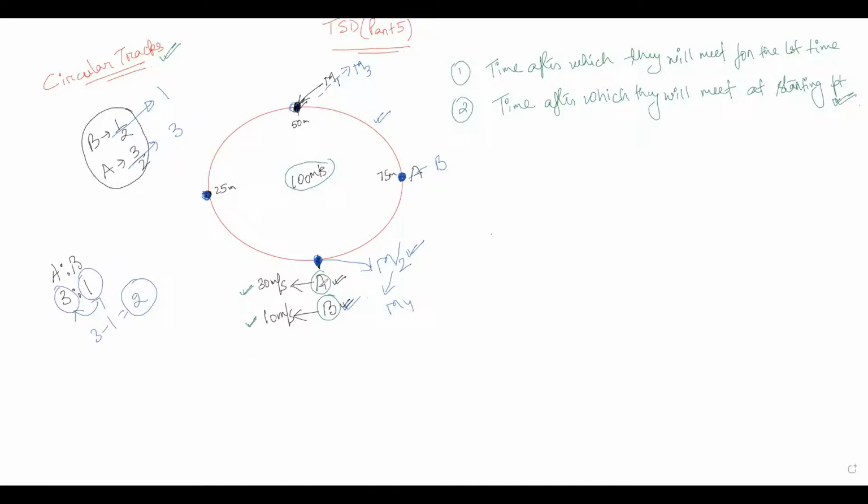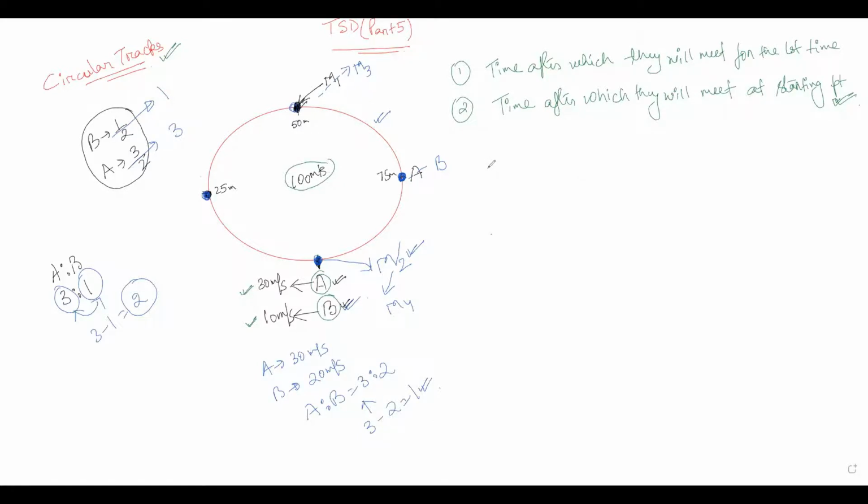Suppose in case A would have traveled with a speed of say 30 meters per second, and say B would have traveled with a speed of say 20 meters per second, then the ratio of their speeds would be 3:2. So the number of meeting points when they would be traveling in the same direction would be simply 3 minus 2, that is 1, and that would be the starting point.